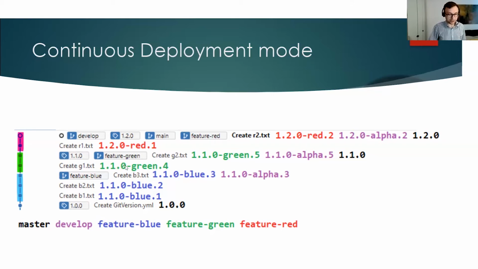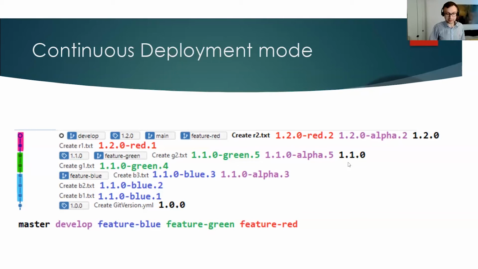Then we start to work on the feature green, do 2 commits. This is not a surprise for us, right? We have 4 and 5 consecutive numbers. They come from the difference from the stable version. Merge the feature to develop, and then merge the feature to master. And on master, we tag it with 1.1.